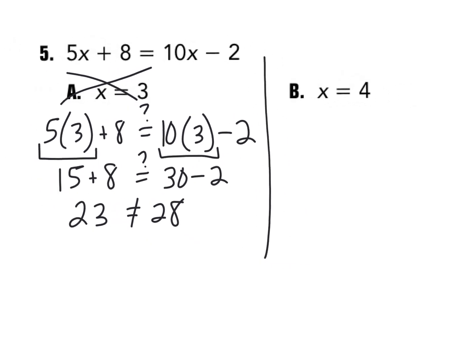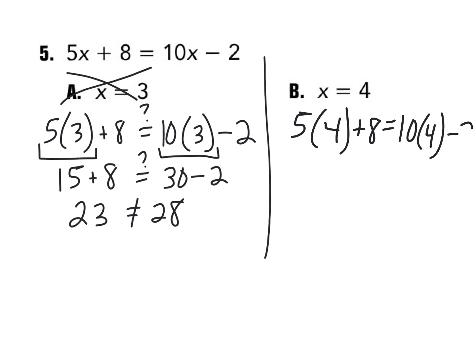If we try choice B, we're going to substitute a 4 in place of x. So on this one, first on the left side, 5 times 4 is 20. 20 plus 8 is 28.